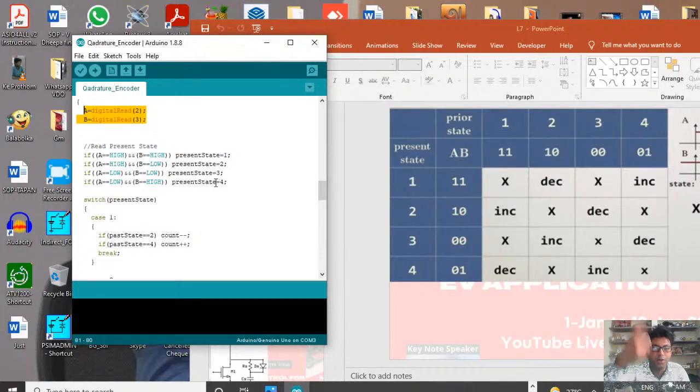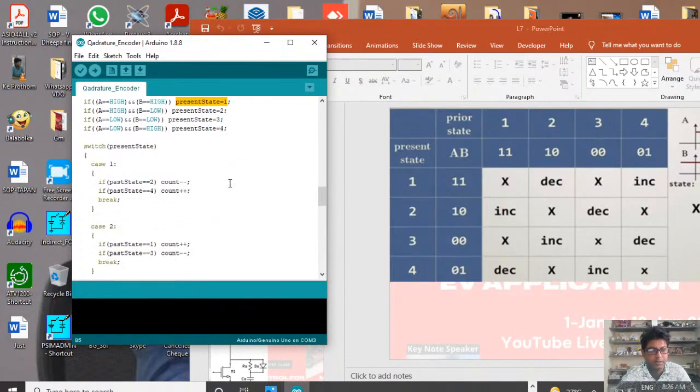If it is high to low or low to high, anything, it will come to this service routine. So when coming to the service routine, again I am reading the state. If the present state is high high, it is present state 1, high low present state 2, low low present state 3, and low high present state 4.